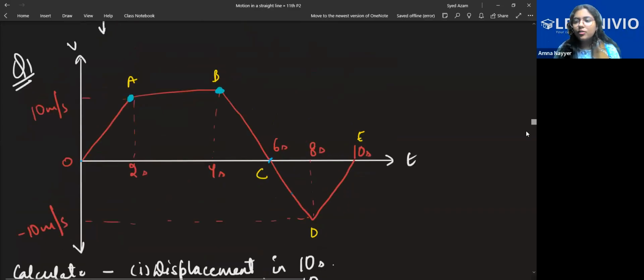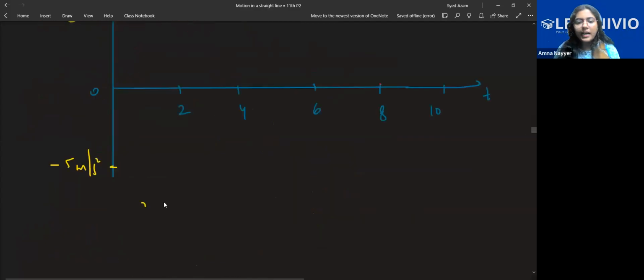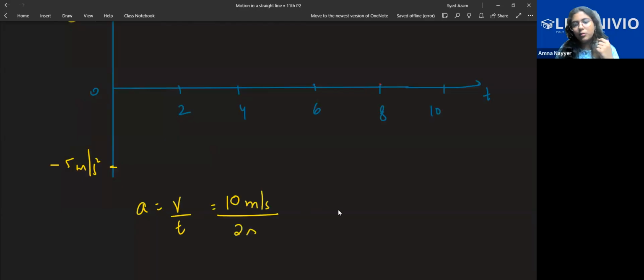So first of all, you calculate the acceleration only. Acceleration from the slope, you can calculate V by T. That was 10 meter per second divided by 2 seconds. That gives you 5 meter per second square. Similarly, for the downward triangle, you will calculate that it will come out to be minus 5 meter per second square. So you know the highest value now.